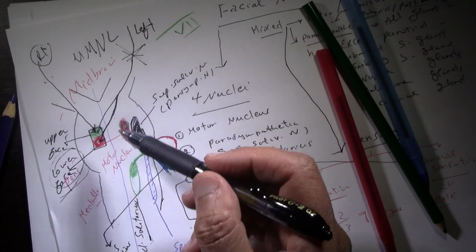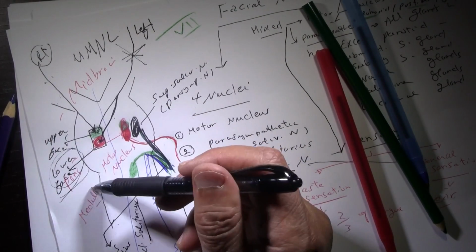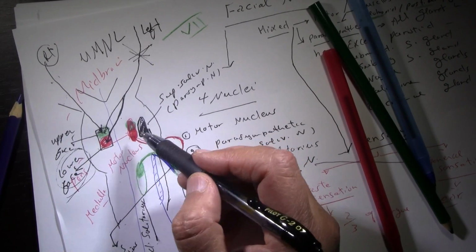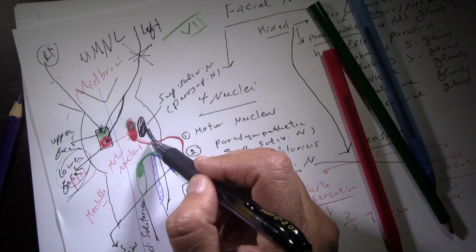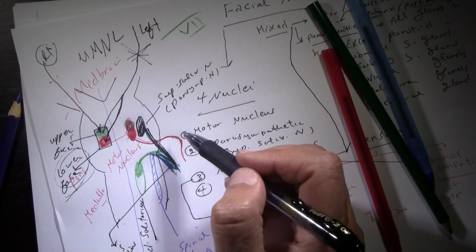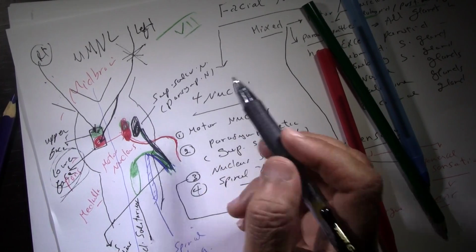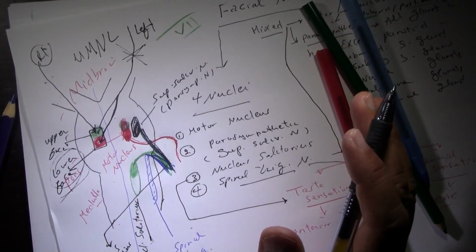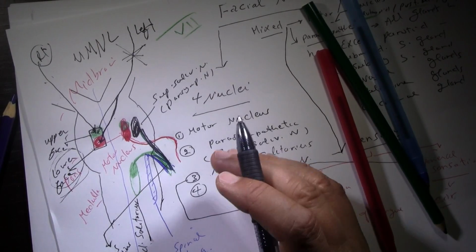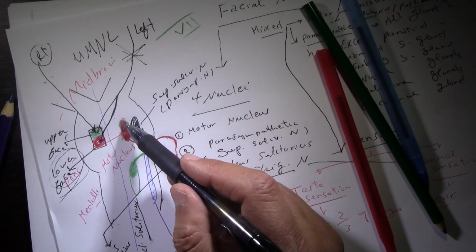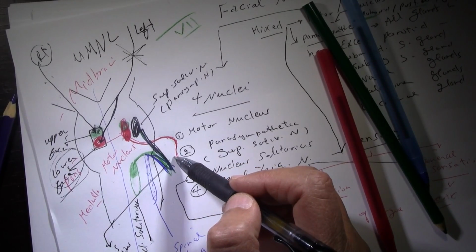And this differentiates between the upper motor neuron and the lower motor neuron. Because lower motor neuron means that there is injury in the nucleus, in the nerve fiber, or the muscle. Either nucleus or nerve fiber or muscle itself. So lower motor neuron injury means that the whole side of the face, on the same side as the injury, will be affected.